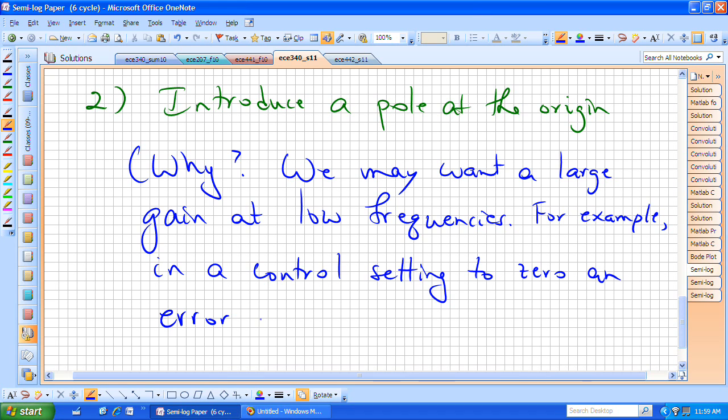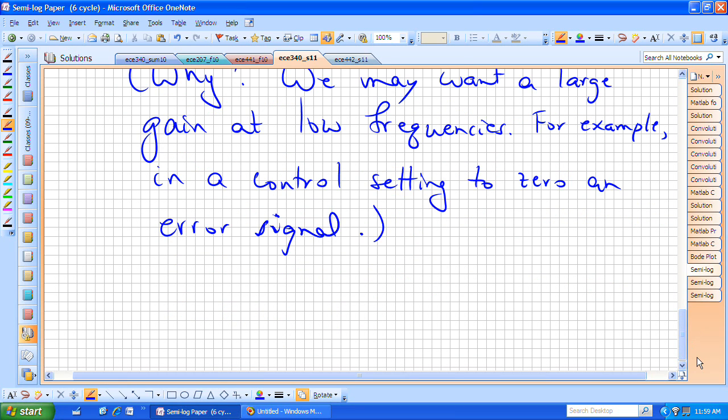If you were trying to track a constant input waveform or reference signal, it might be to your advantage to have a high gain at that low frequency or at constant frequency, and that's what you could do by introducing a pole at the origin, or a pole at 0.